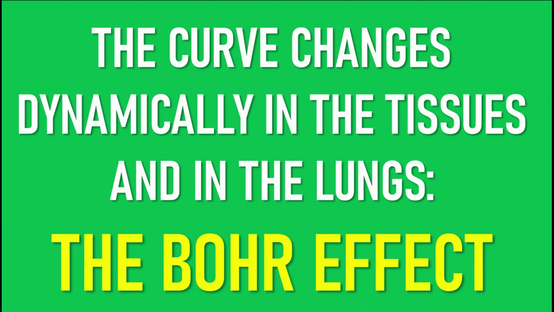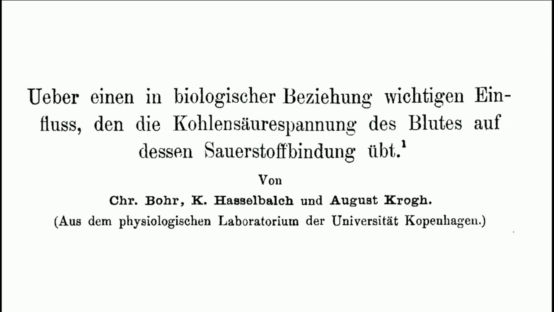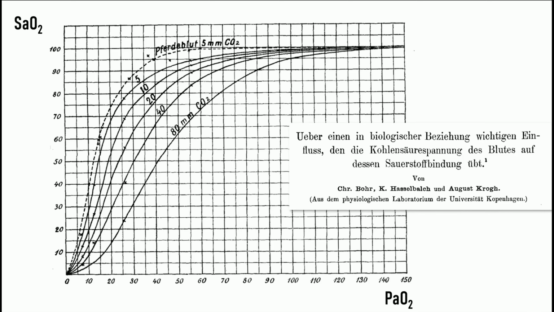In addition to the curve being steeper as the capillary PO2 falls, there is another element that impacts its dissociation, and this is the Bohr effect. The Bohr effect was described in this paper in 1904 by the Danish physiologist Christian Bohr. And it describes the curve shifting rightwards as the PCO2 increases.